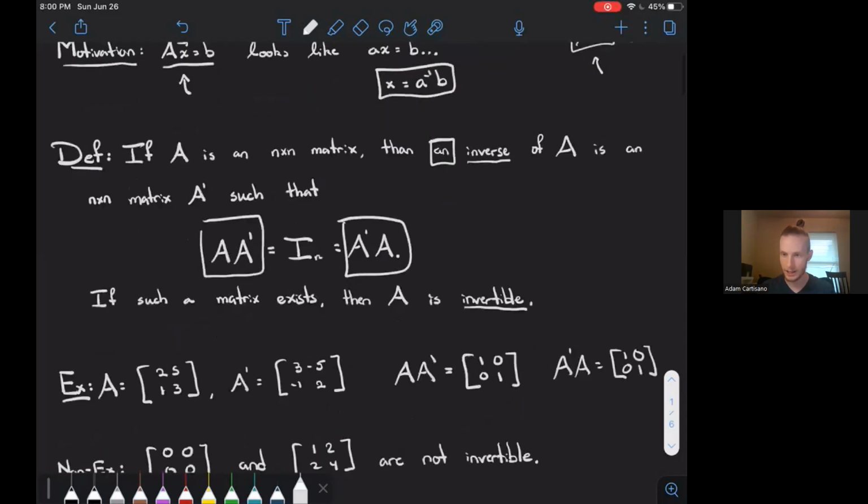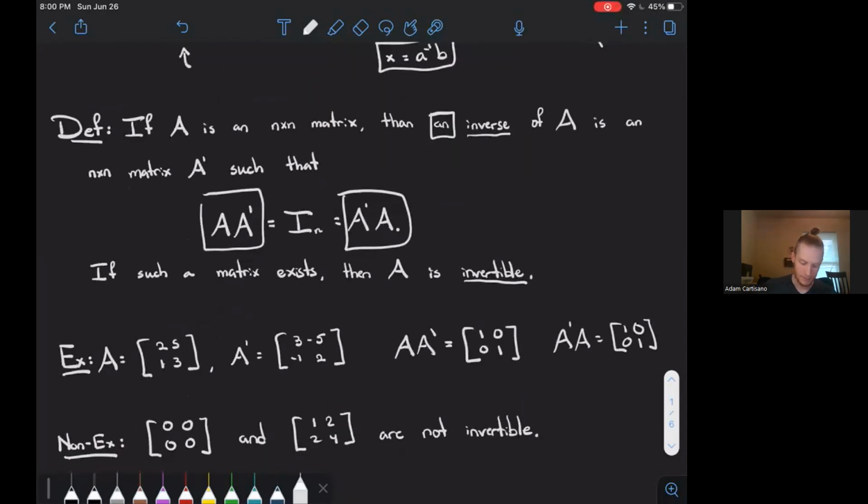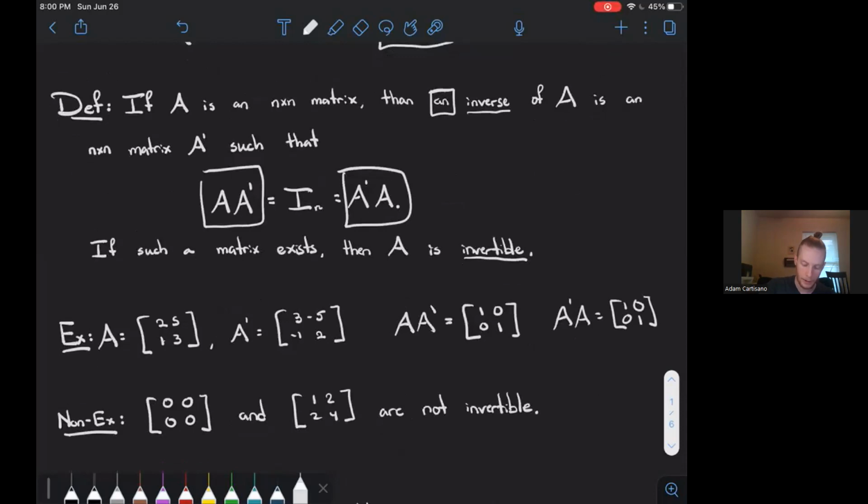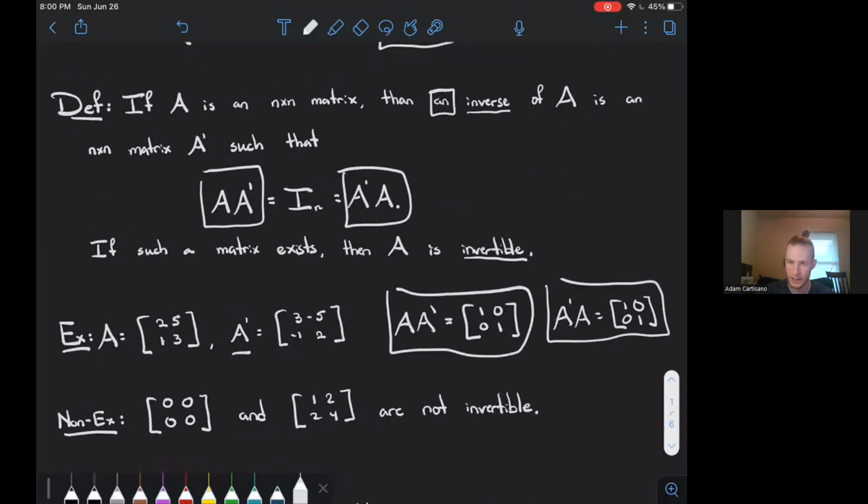Okay, let's just see an example of that. If you have the matrix 2, 5, 1, 3, and you have a second matrix 3, -5, -1, 2, if you check by matrix multiplication, which we've talked about, both times you'll get the identity.